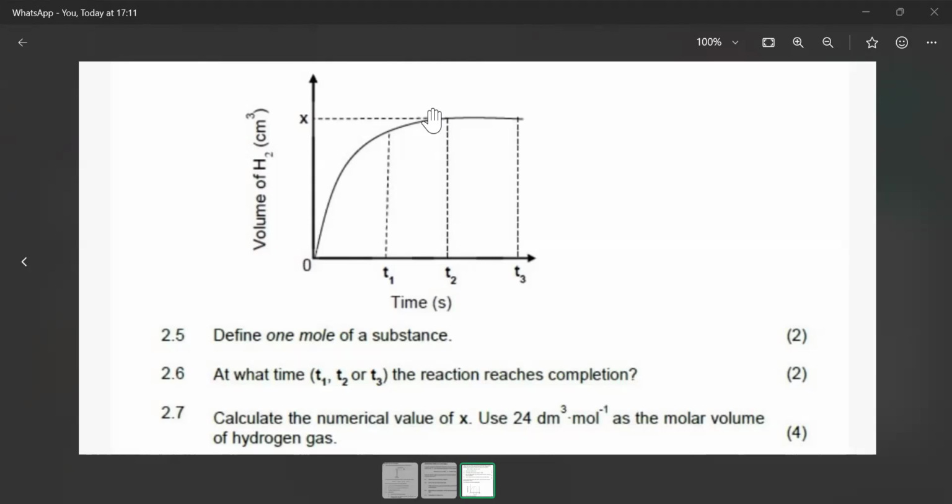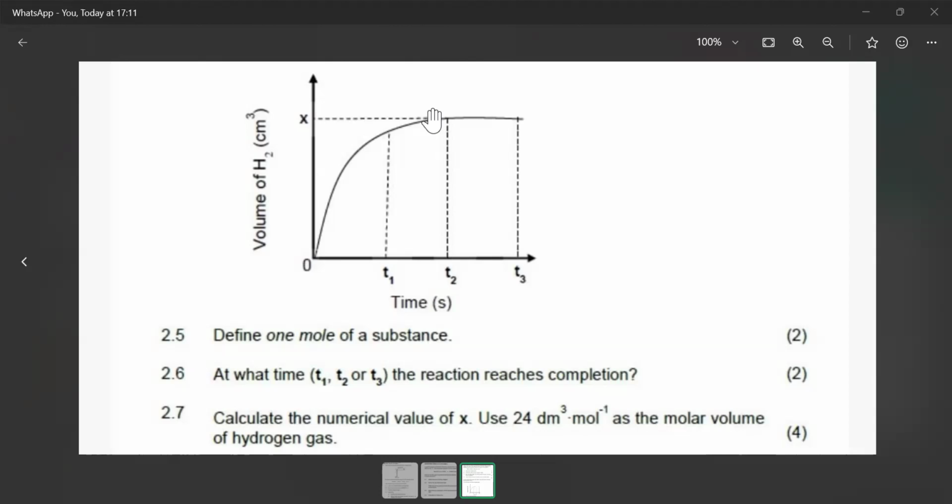Remember I told you this. Your molar gas volume will not always be 22.4. It changes depending on the mood of the examiner. So always check which one the examiner is specifying. Okay, fine. We know that the numerical value of X is actually the volume.